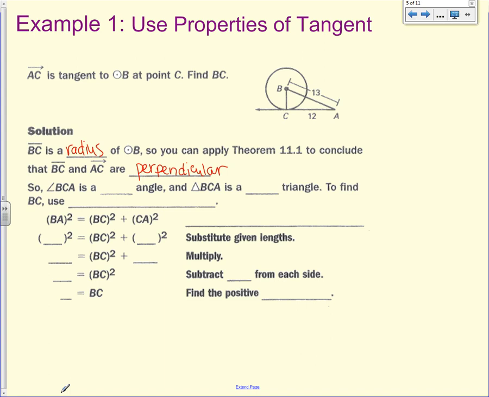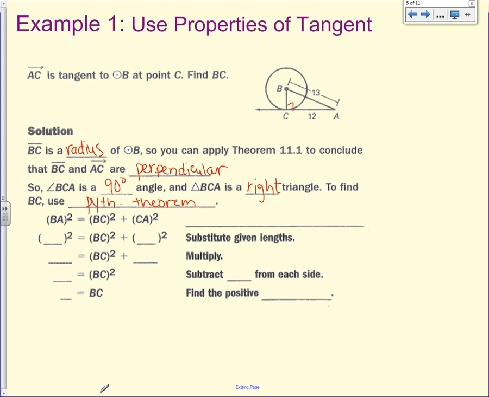So that means angle BCA is a 90-degree angle, and that means it's a right triangle. So to find what our lengths are, we're going to use the Pythagorean theorem. We're trying to figure out the length of that radius.